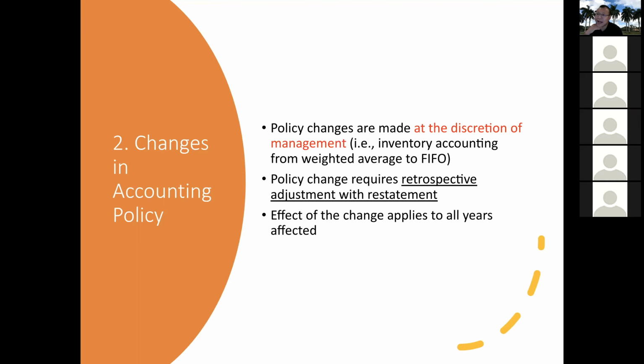But wouldn't the accounting be forward? Let's say last year you were using FIFO, and then this year you start to use weighted average. Then starting this year you would use weighted average as the accounting policy, right?